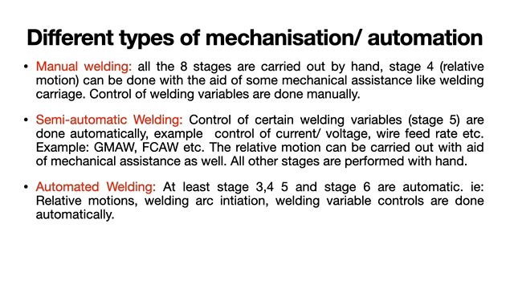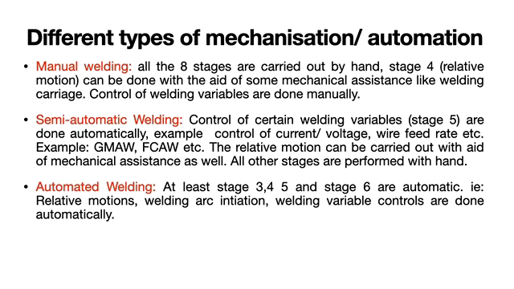In semi-automatic welding, you can see the control of welding variables can, to an extent, be done automatically. Say for example, when we discussed MIG welding or GMAW or FCAW, I have told that the welding speed and the wire feed are done automatically, and to an extent the control of the current as well as voltage is also done automatically.